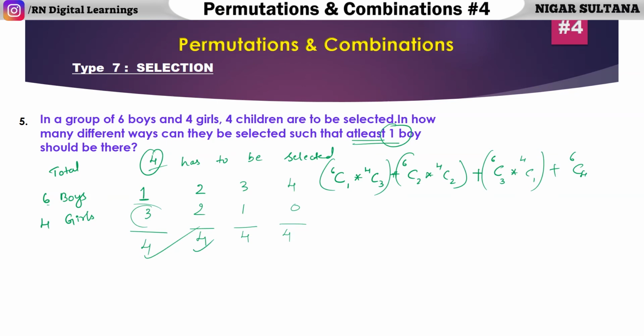Now let's simplify this. 6C1 will give us 6 itself. Now this 4C3 can be written as 4C1 because 4 minus 3 is 1.